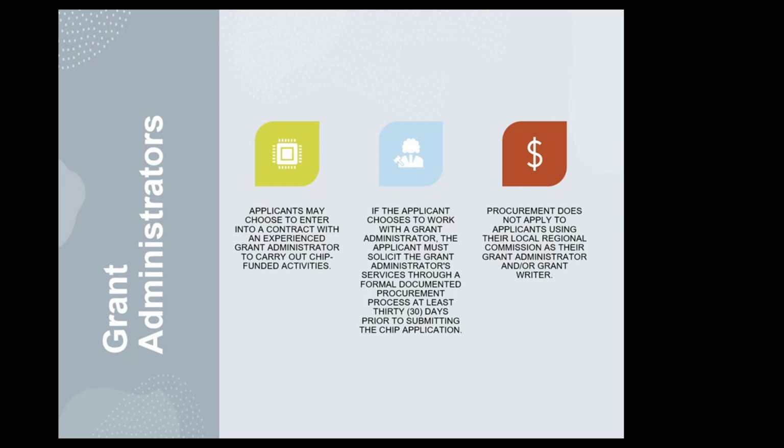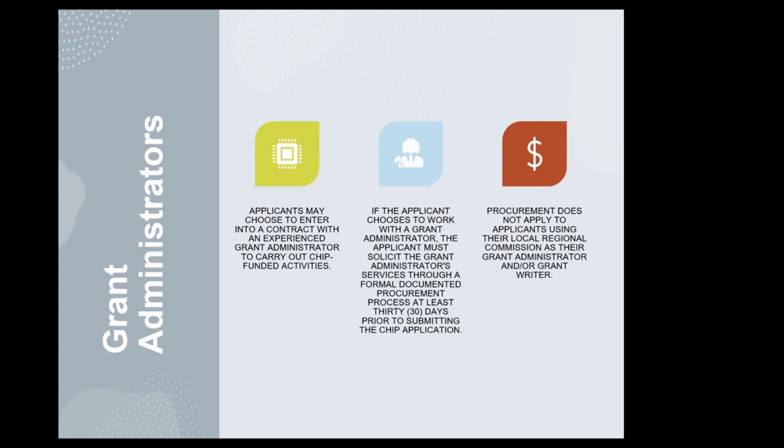If the applicant chooses to work with a grant administrator, you must also solicit the grant administrator services through a formal documented procurement process at least 30 days prior to submitting your CHIP application. But this procurement part does not apply if you're using the regional commission as your grant administrator.